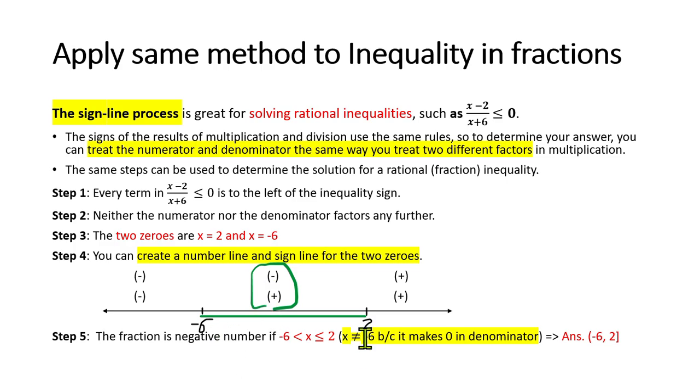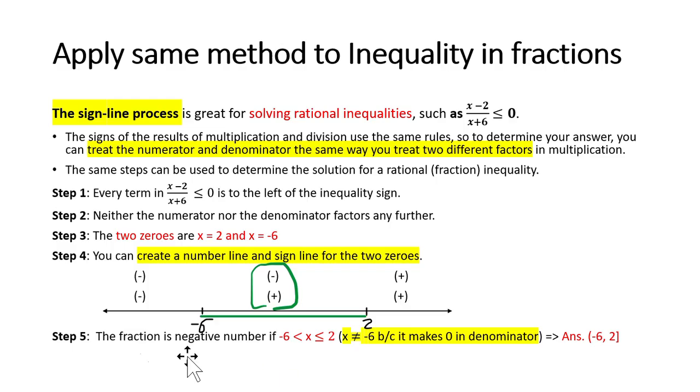This is the solution: x between minus 6 and 2, greater than minus 6 and less than or equal to 2. But minus 6 should not be included, that's why we put the open parenthesis. And 2 should be fine, in the numerator it could be 0. So we use the bracket.